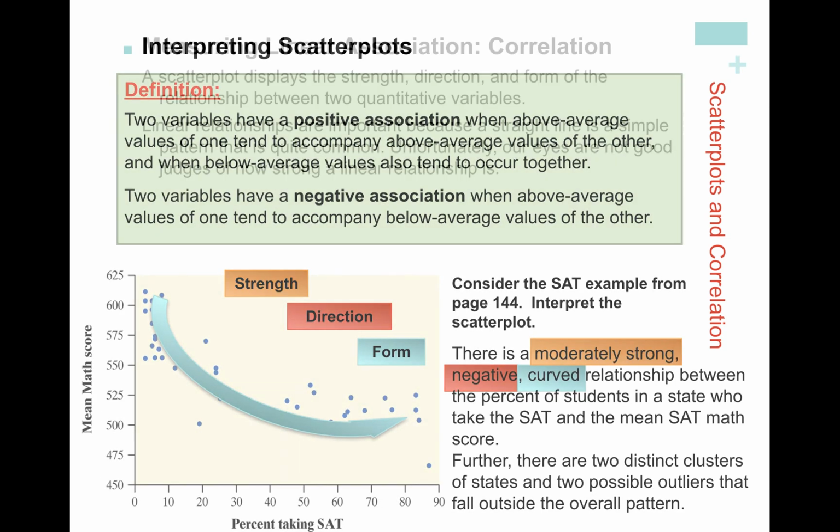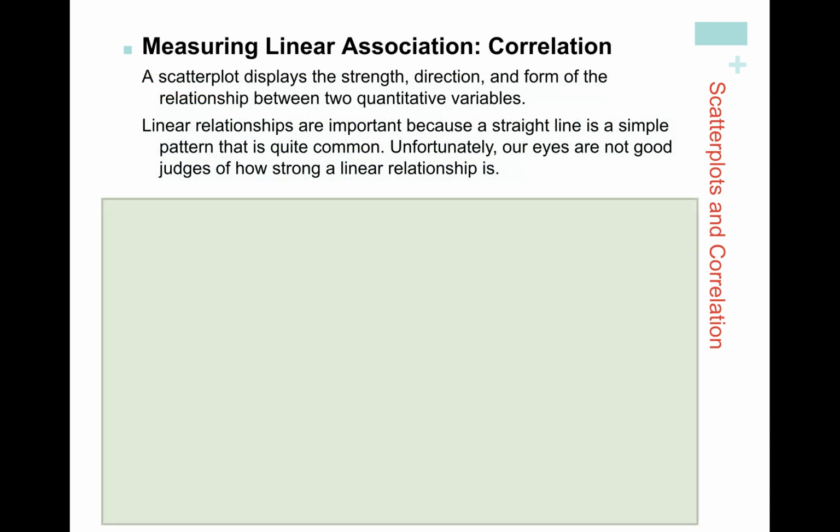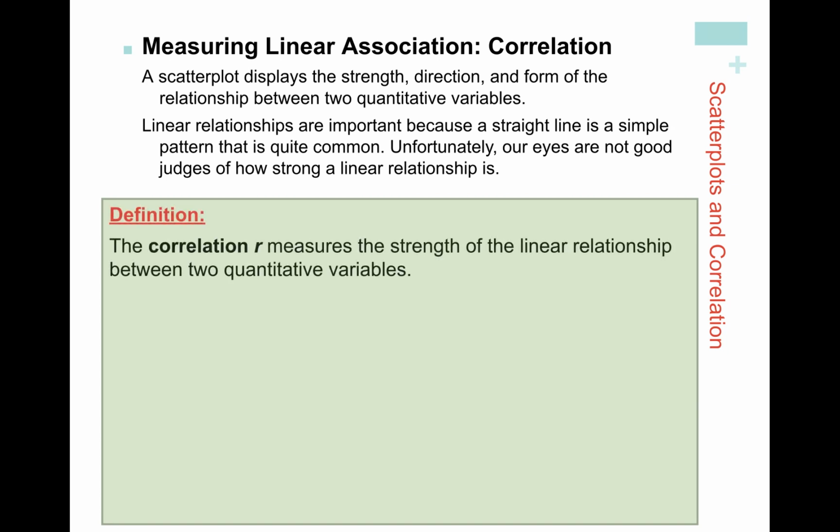So here is the formula for measuring how strong the linear relationship is. It is called the correlation, which is lowercase r. Make sure you use lowercase r because capital R means something totally different.